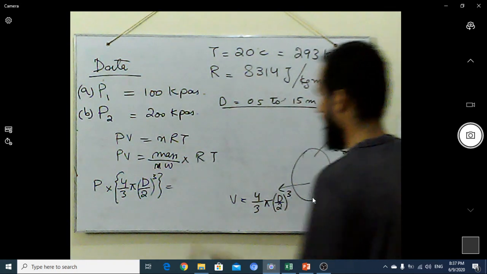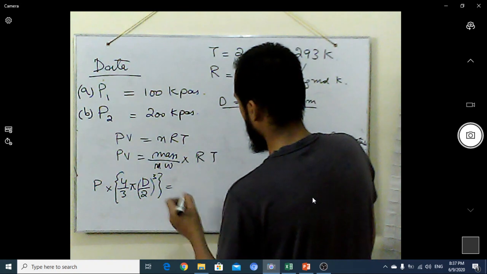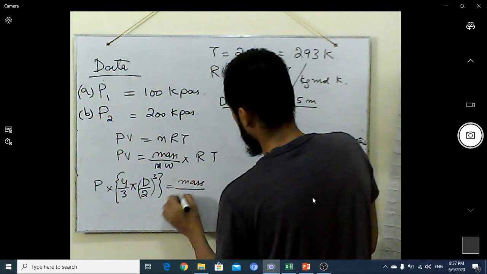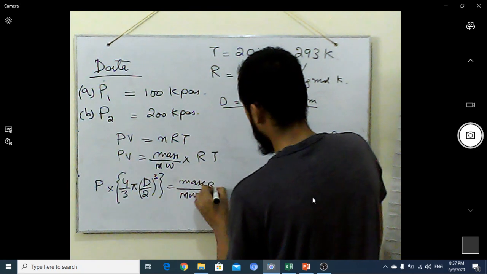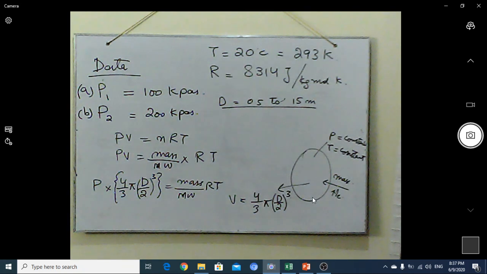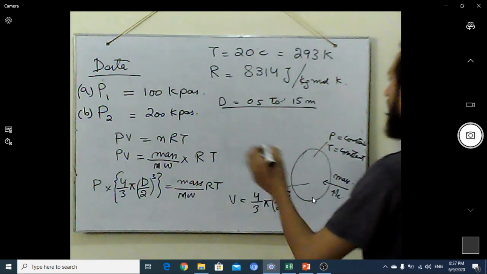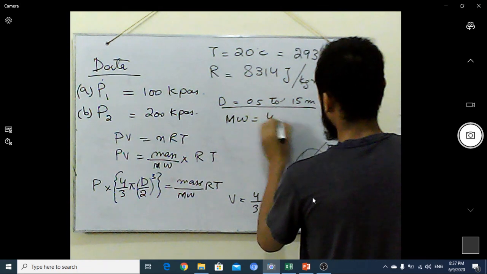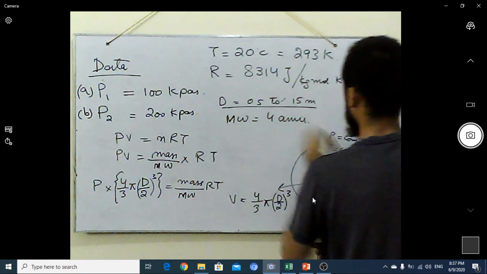Just enter the equation in the calculator and the calculator will solve everything. Mass over molecular weight, RT. So the remaining part is, we know the molecular weight of helium is 4 AMU, atomic mass unit.